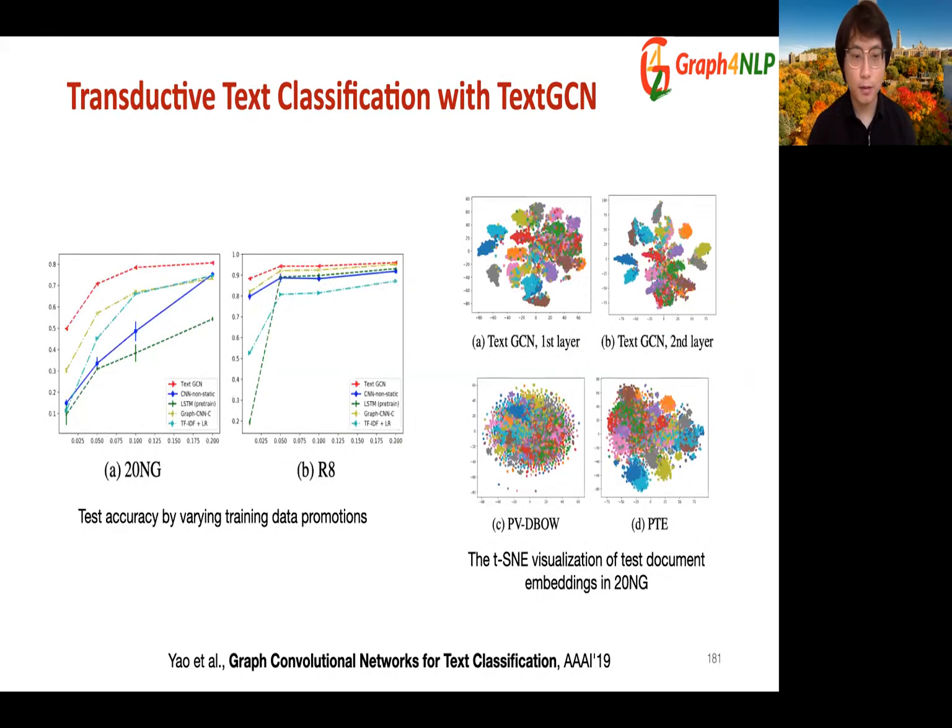We can see that the performance of Text GCN is much better than other baselines without graph convolution or graph structure. And the embeddings learned by this graph neural network are much better than others if you look at the t-SNE visualization.